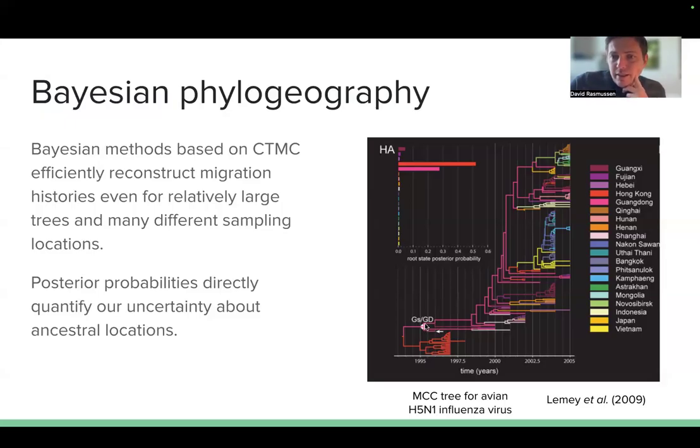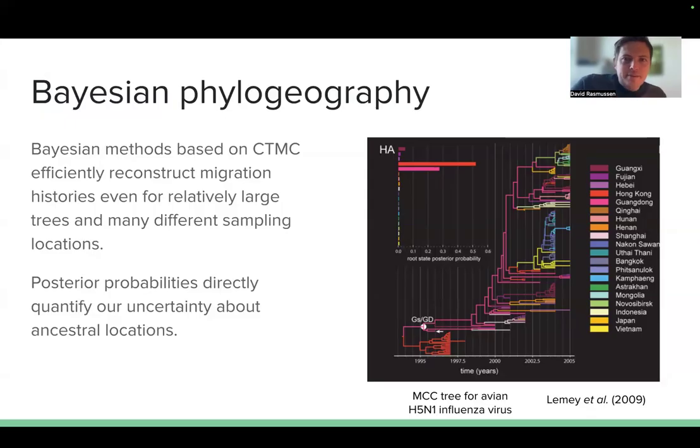They were able to reconstruct that either Hong Kong or Guangdong most likely was the root location of these sampled H5N1 lineages, suggesting that the origin of modern avian influenzas might be somewhere in East Asia.